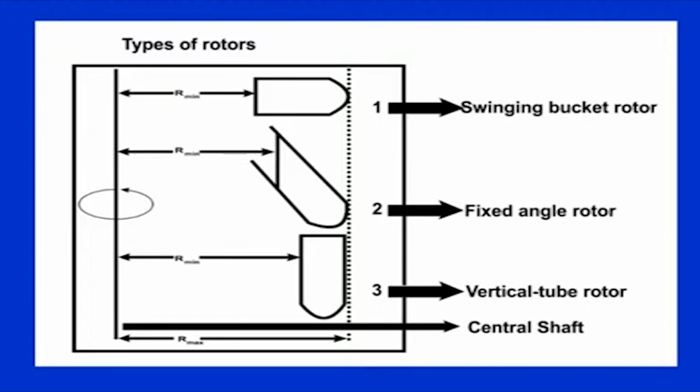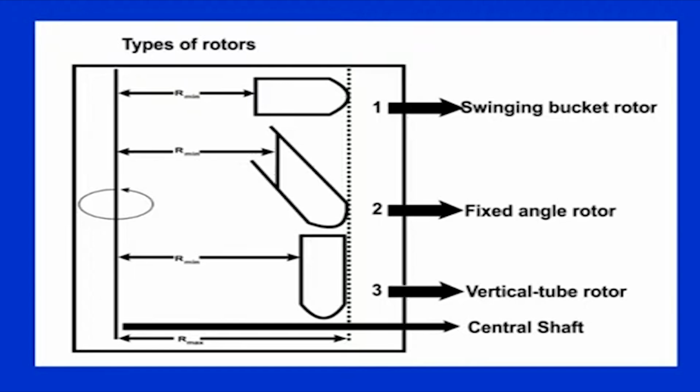When the centrifuge is switched on, the swinging bucket rotor will extend out in the direction of the centrifugal field, which is radially outward. The angled ones will remain as such, because they are put at a fixed angle, and the vertical ones are also fixed.